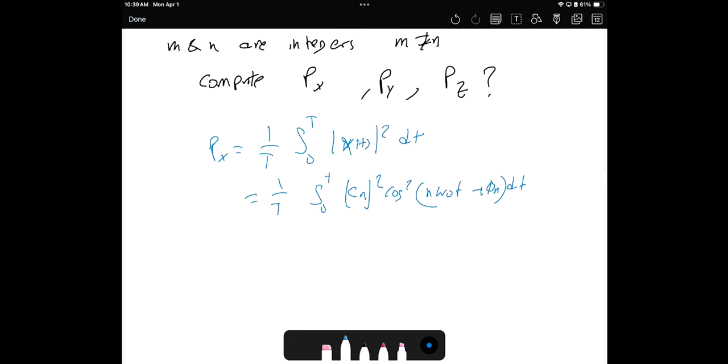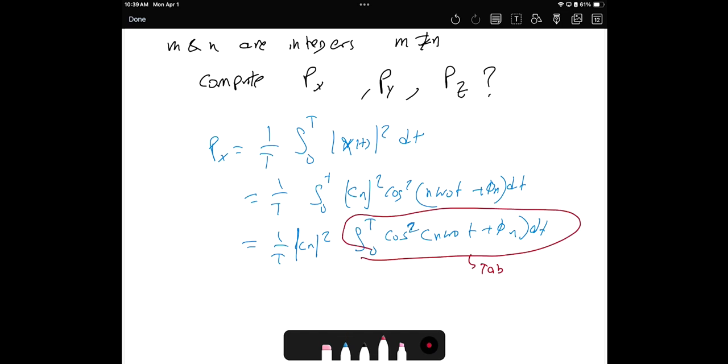Cn is a constant, so I can put it outside of the integral. So it's going to be 1 over T, Cn squared, then the integral from 0 to T of cosine squared of n omega naught t plus phi n dt. Now, what does the integral of cosine squared equal?